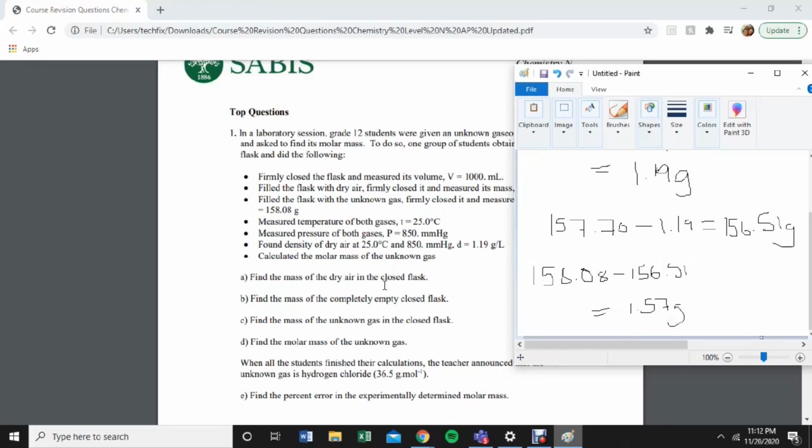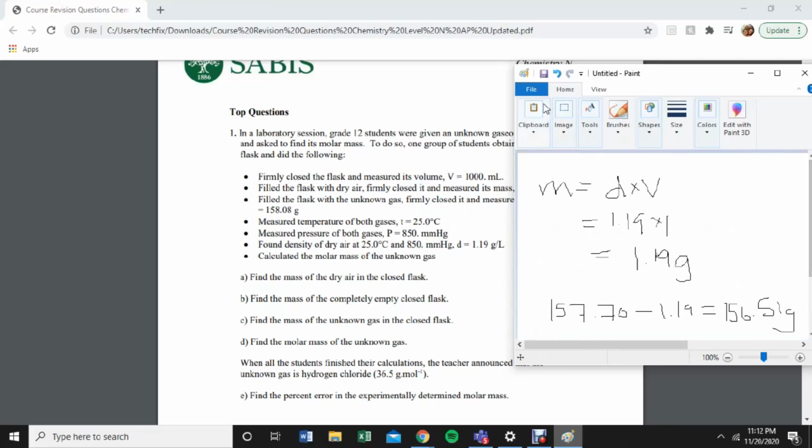Now, to find the molar mass of the unknown gas, you have the pressure, you have the volume, you have the mass. We can get the molar mass, and the formula that we can use for this is PV equals nRT.